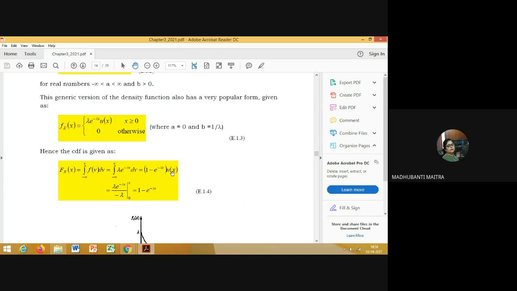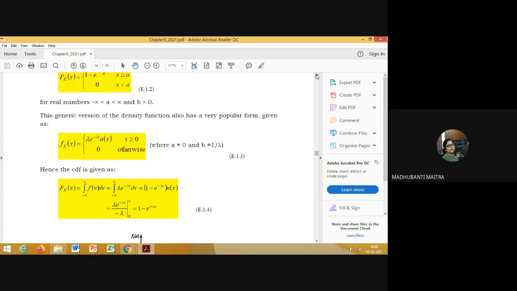You can forget about this u(x). It is only for emphasizing the fact that the density and distribution function exist only for x greater than or equal to 0.